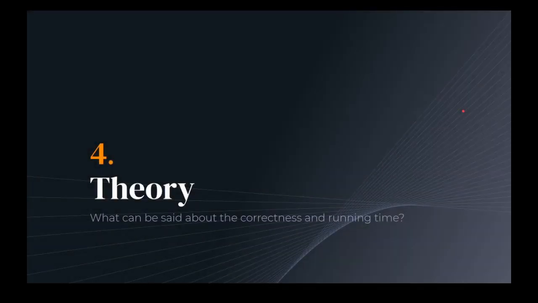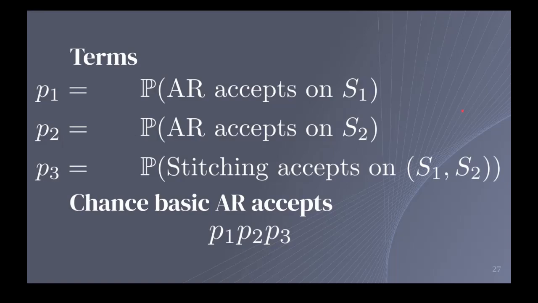So what can we say about the correctness and the running time of this procedure? Well, the correctness basically follows from the fundamental theorem of perfect simulation. So that's not too much of a problem. But let's think about the running time. So suppose that I just ran acceptance rejection in order to get a sample from S1. I'm going to let P1 be the probability that a sample drawn from the reference measure is accepted as a sample from the density that we're looking for.